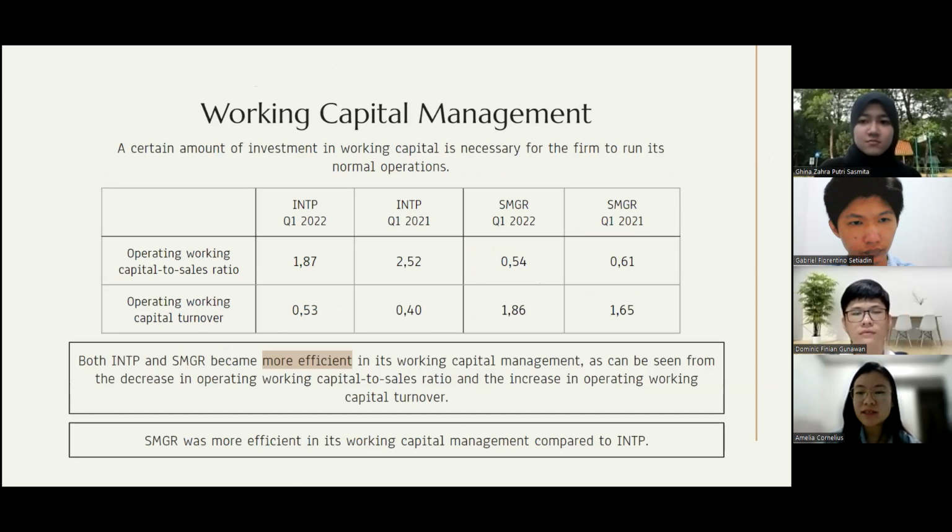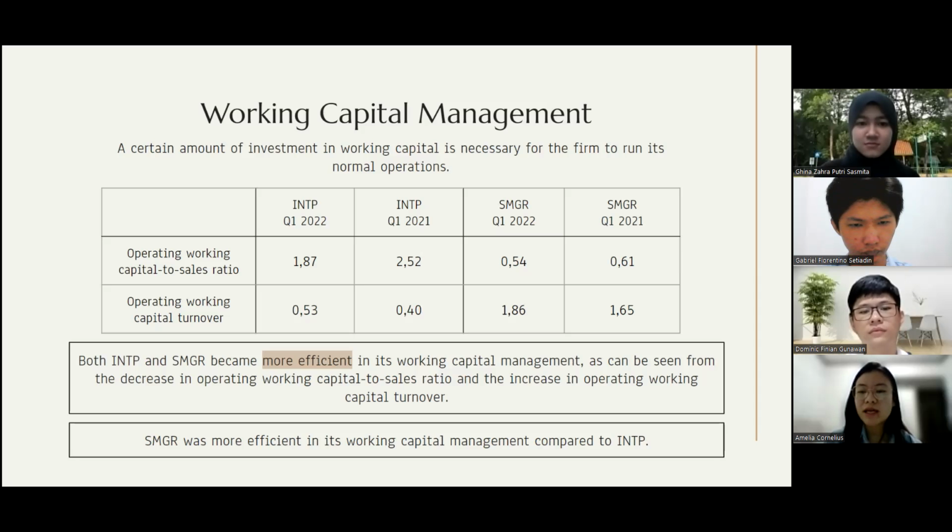We will use several ratios to analyze INTP and SMGR working capital management. The first one is the operating working capital to sales ratio and operating working capital turnover. Based on our calculation, we can conclude that both INTP and SMGR became more efficient in their working capital management, as can be seen from the decrease in operating working capital to sales ratio and the increase in operating working capital turnover.